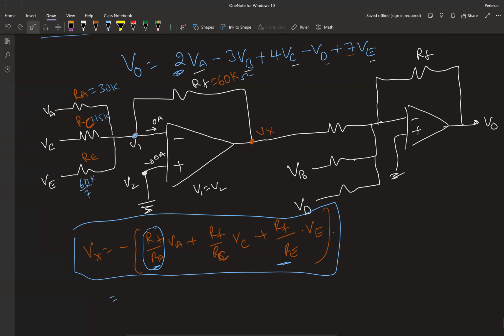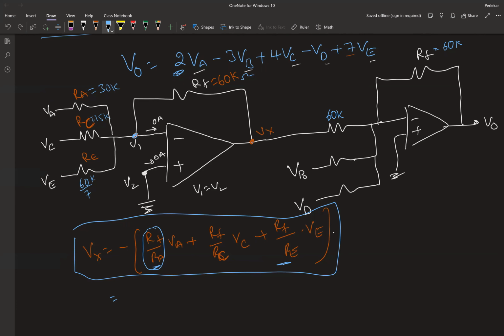Once I have that, here I have Vx. All I need to do is, this is an inverting amplifier, so all I need to do is get the positive numbers of those three. Whatever resistance value I'm choosing here, let me choose 60K. I have to choose 60K because it doesn't need to amplify.